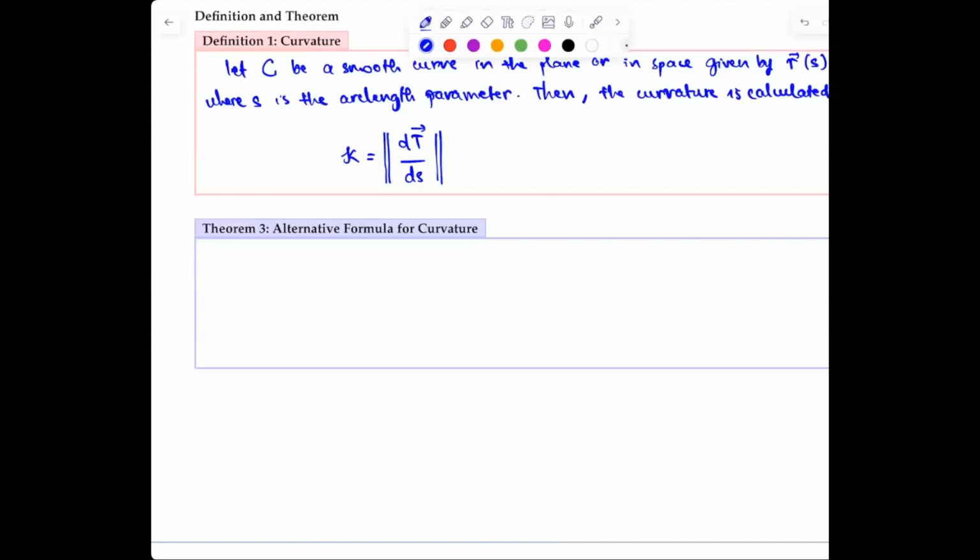Capital T in this case is called the unit tangent vector. Before I write down the information, I'm going to write T prime of s, where capital T is the unit tangent vector of r of s in this case.